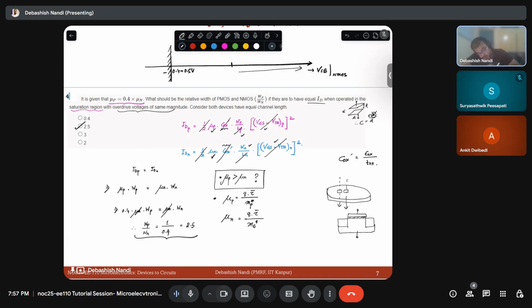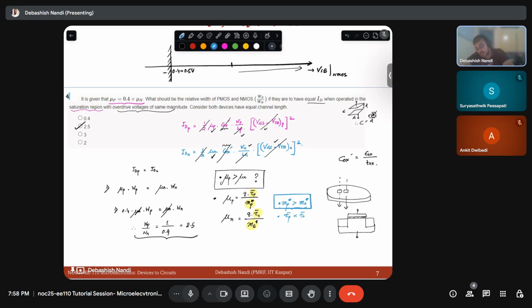So there are two factors that are different in the case of electrons and holes. If you see your effective mass, m of P is greater than m of N. Even if you consider your tau P to be in the same range as tau N, this is the major factor that contributes to that.